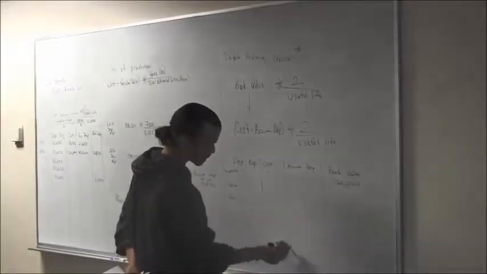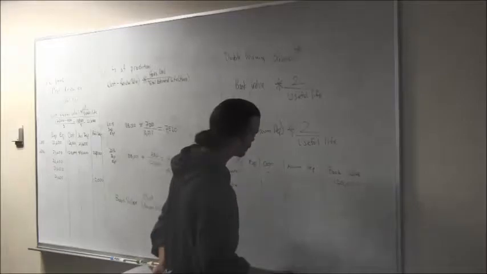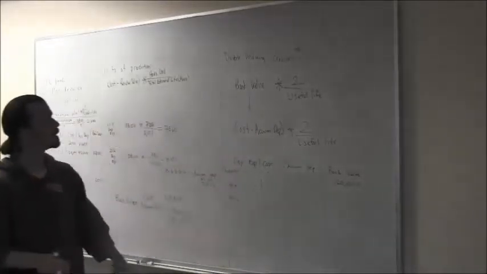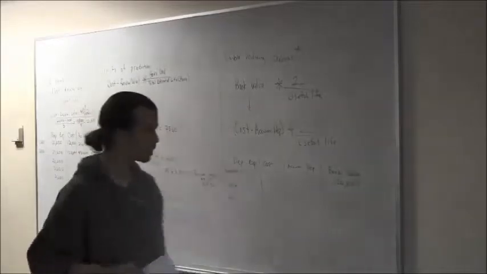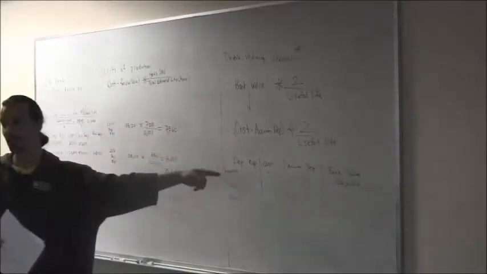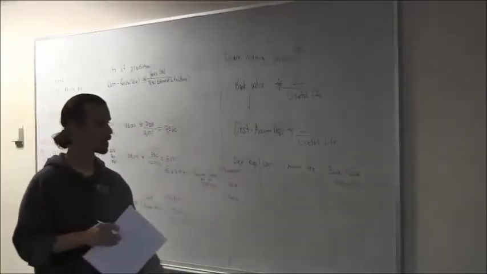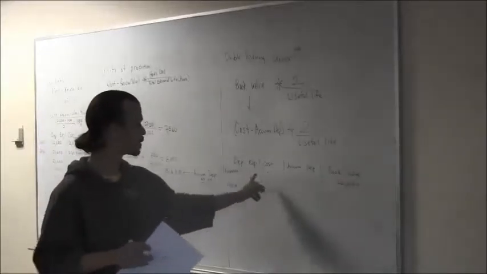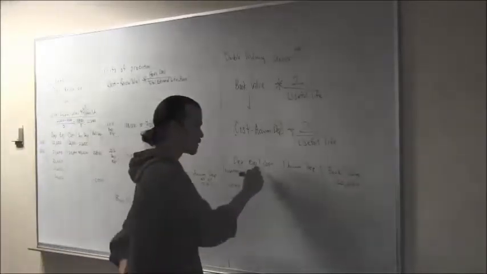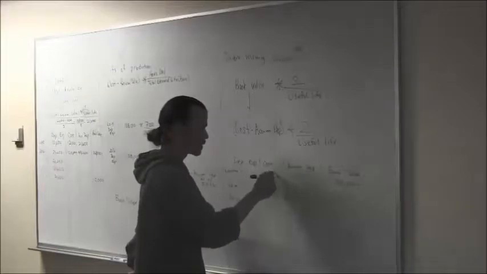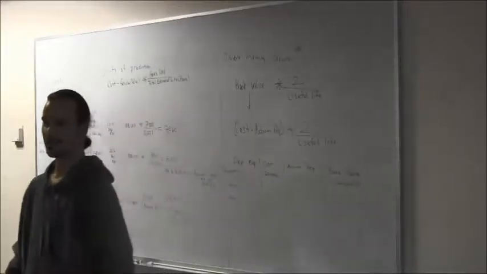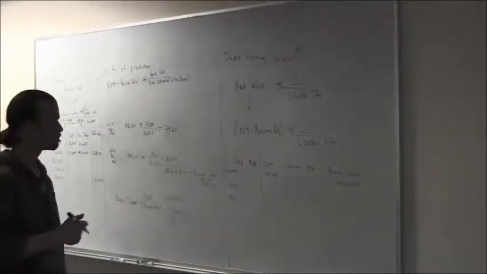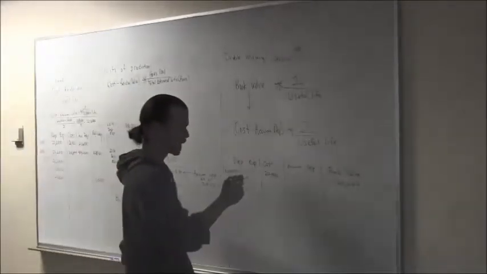We know that the formula is book value times 2 over the useful life. Well, when you first buy it, your book value equals the cost. So your book value is 120,000. 120,000 times 2 divided by 5 is what? 48,000?